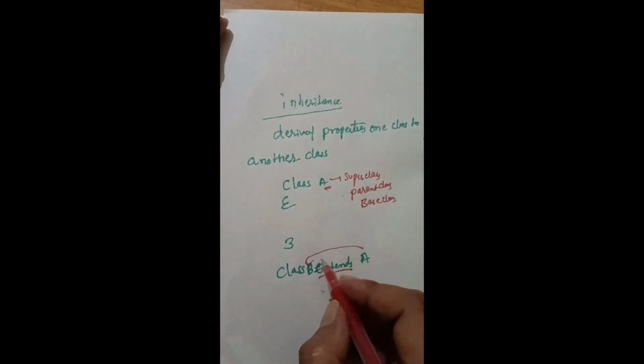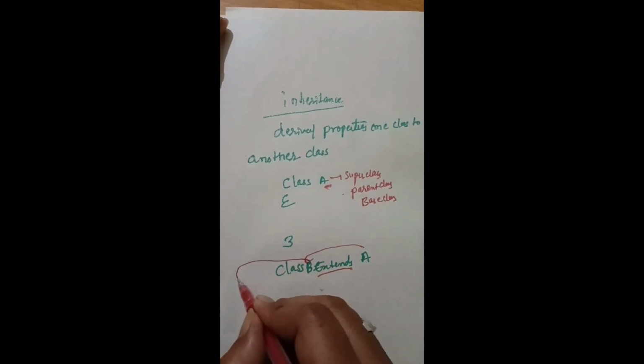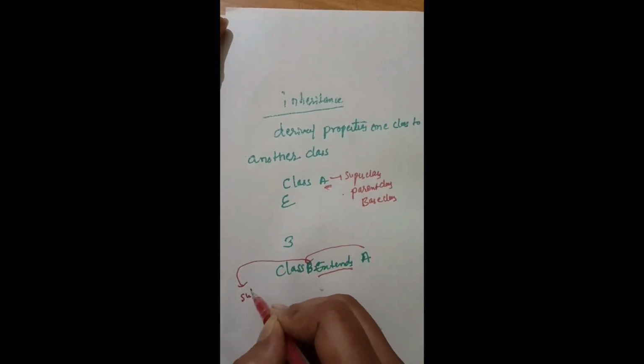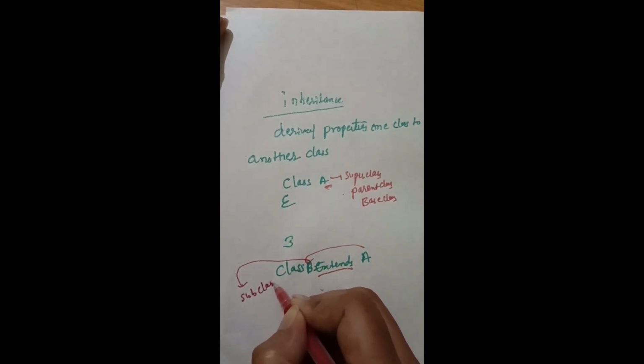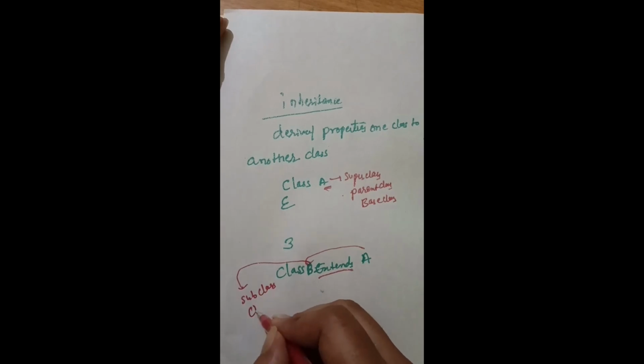Class B is known as a subclass, child class, or derived class.